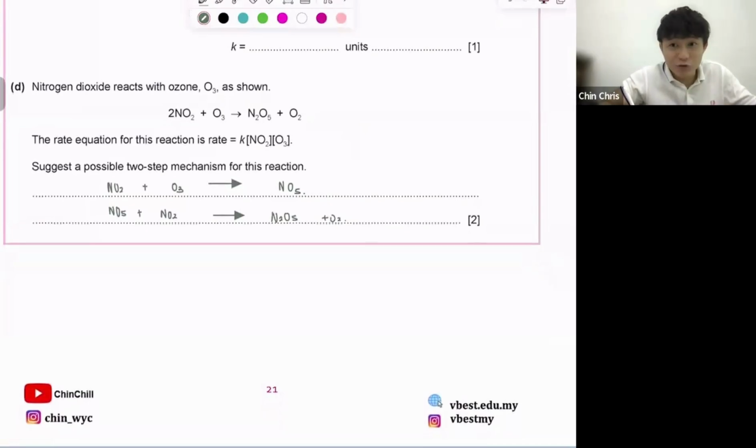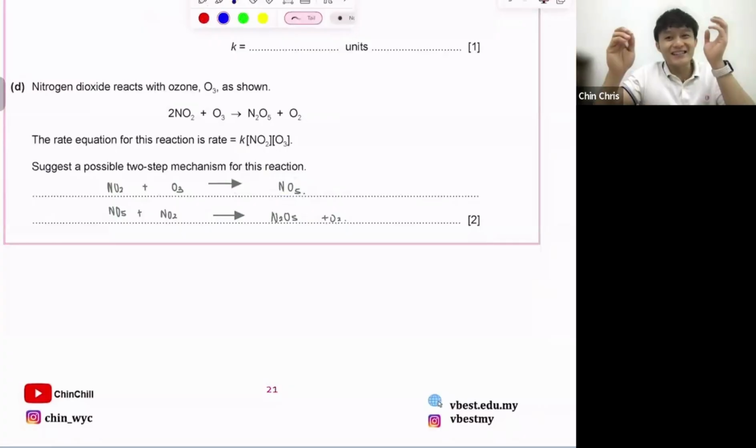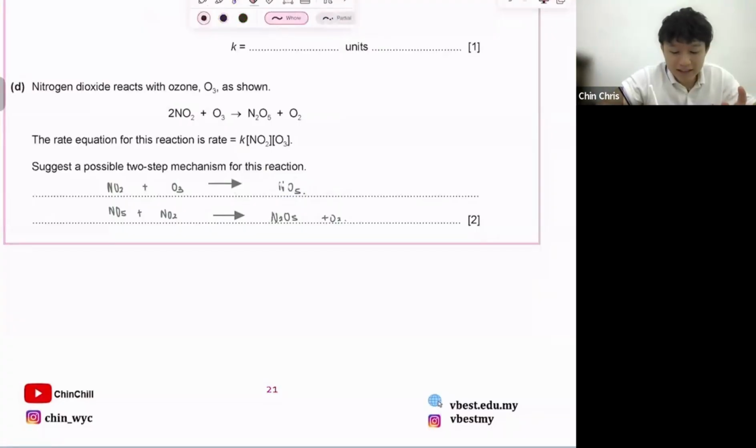Technically it's not wrong, but if I'm being strict, I might reject the answer. Reason being, nitrogen cannot fit five oxygens. Your concept is correct, but in chemistry, nitrogen cannot have five oxygens surrounding it. So let's try to refine this answer.